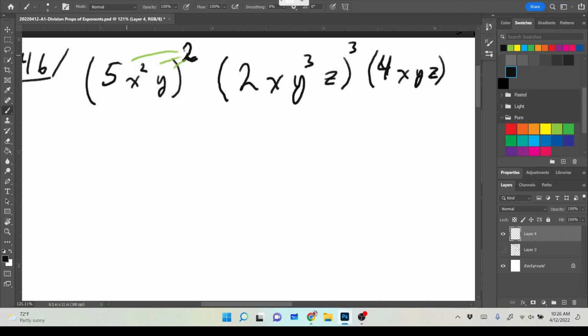So 25 x to the what? Y to the what? Second. Okay, so you square the number as well as multiplying it. Yeah, it applies to everything.